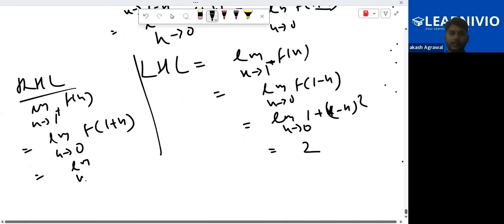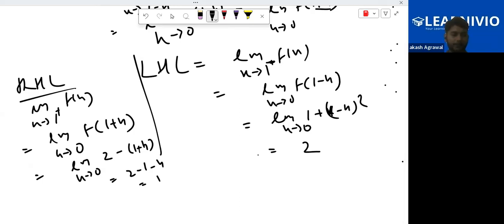So limit h tending to 0 of 2 minus x, 2 minus 1 plus h, so it is 2 minus 1 minus h, so h is 0, so 1. We can see they are two different things, so the limit does not exist. Yes or no, everyone? Yes.